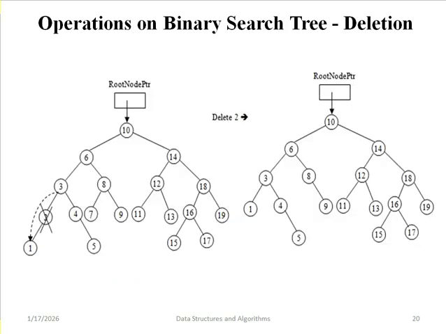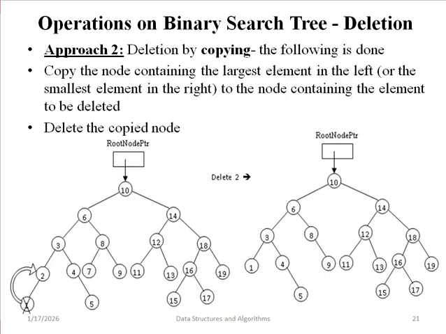So here, if we remove 2, this 1 is the left child of 2, so we can make this 1 the left child of 3. If we make such an adjustment after the removal of node 2, the resultant tree will not violate the requirements of binary search tree, because 1 is less than 3 and 4 is greater than 3. So still this is a binary search tree.